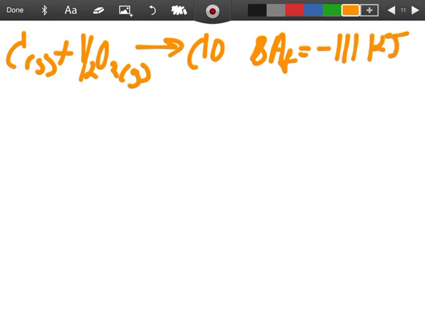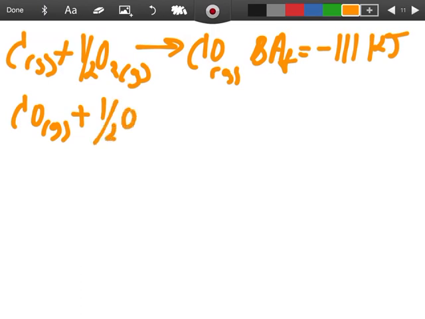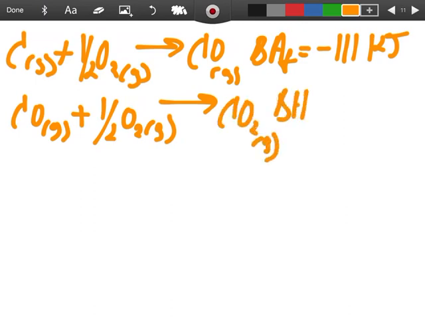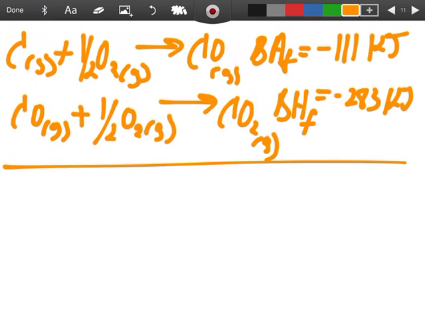Now the second stage of the reaction is that I'm going to use CO, a gas, plus another half of oxygen, which is a gas, and that is going to give me CO2, also in the gas phase. And the change of enthalpy for this reaction is going to be minus 283 kilojoules.